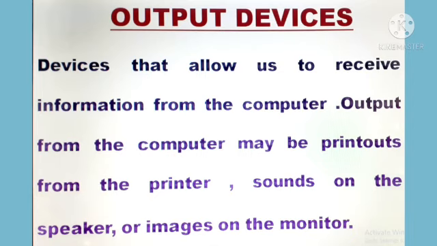So children, output devices help us to receive information from the computer. Output can be in the form of printouts, or the sound which we listen to with the help of speakers, or images which we see on the monitor screen. All these devices come under output devices.